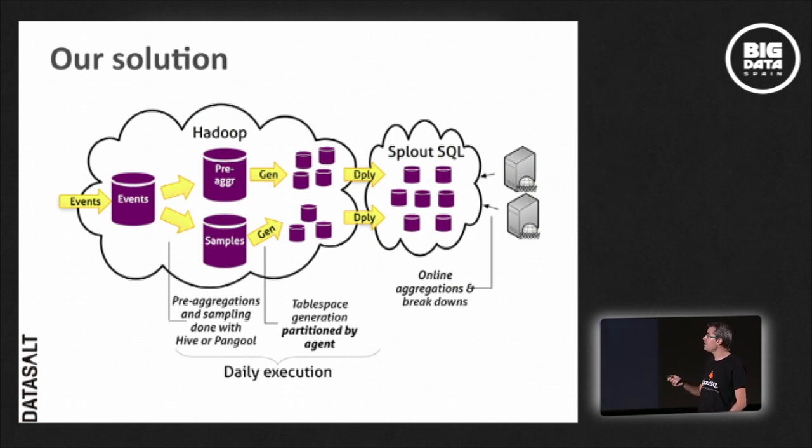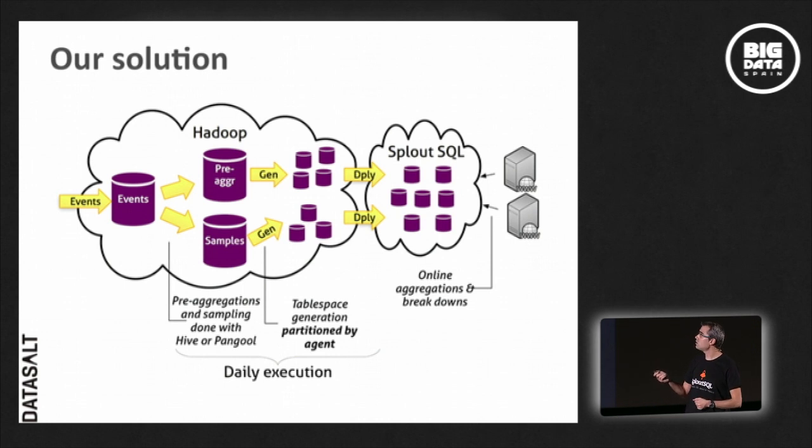What we have here is, we gather the events, the impressions, the clicks, whatever, and we store them in Hadoop. That's a good thing because Hadoop is very good for storing and for computing capabilities. So we use that. And what we do here is that we run two different processes. One process performs some pre-aggregations over the data so that we reduce the amount of data we have, for example, pre-aggregations per day.